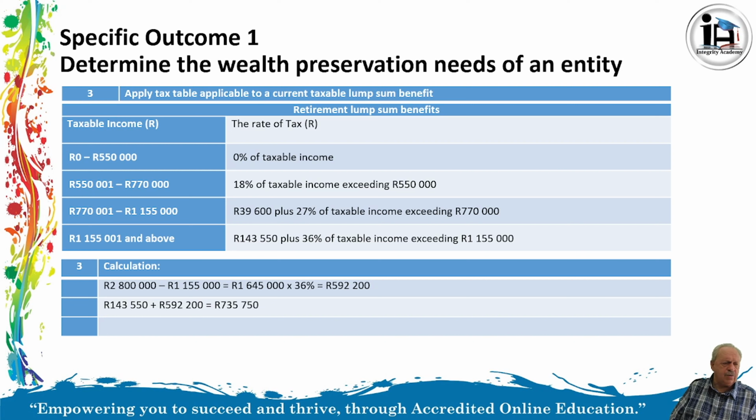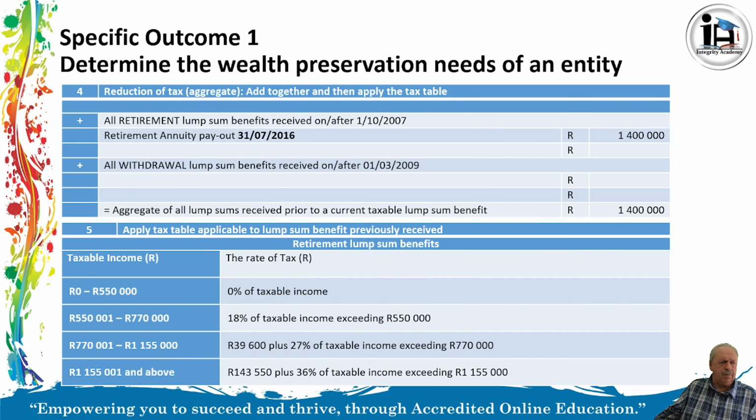That works out to 592,200 rand. Now we need to add the 143,550, which is the tax accumulated up to that point, plus the amount that exceeds, which is the 592,200. That will then give us a tax amount of 735,750. Right, so let's continue to the next slide.